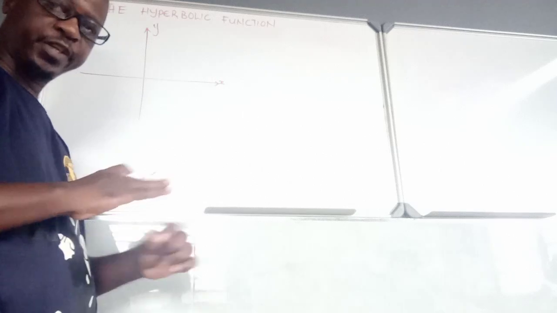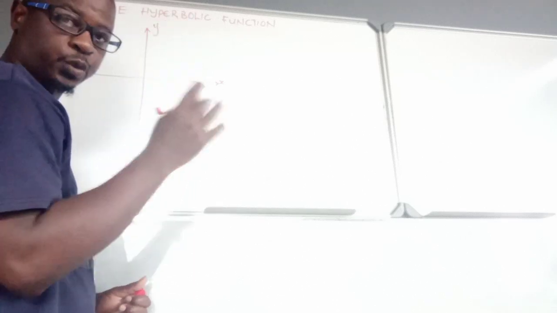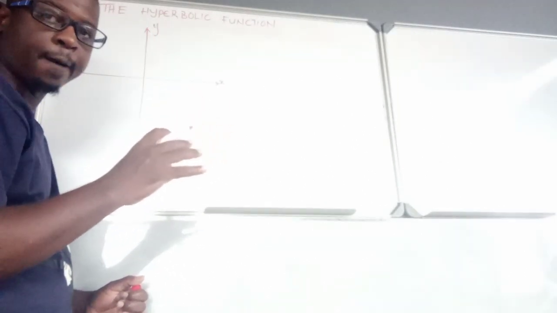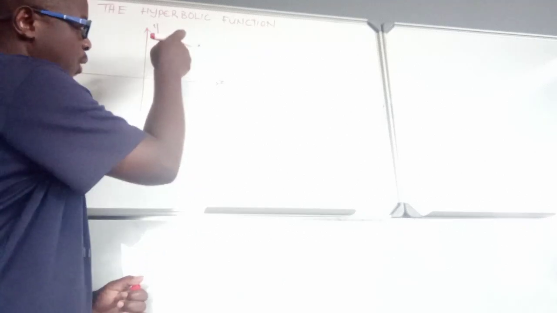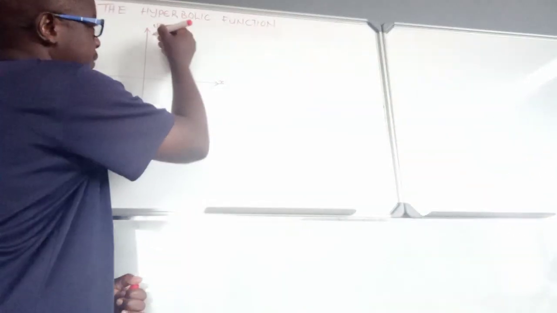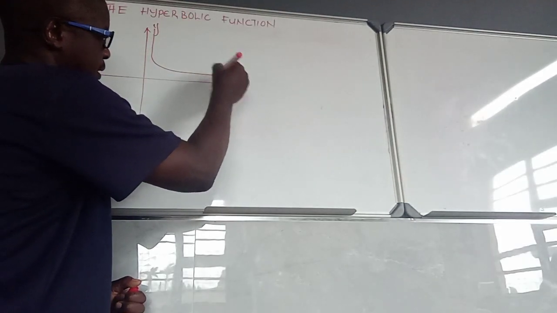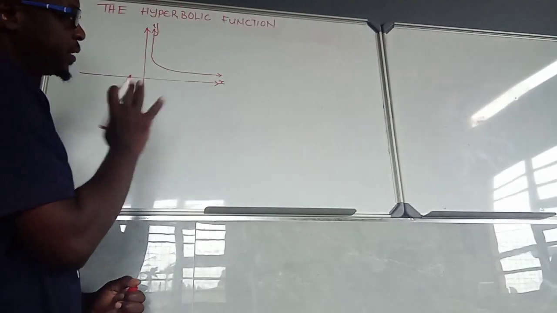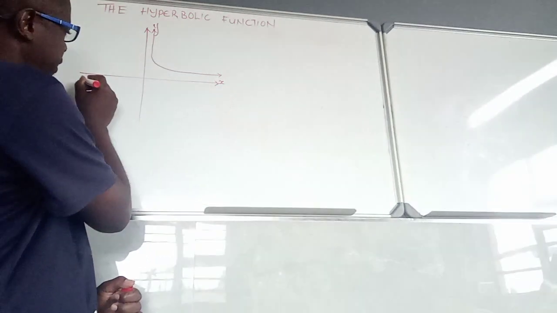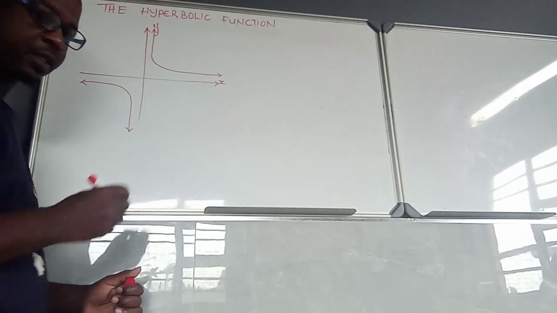The general form of a hyperbola is such that our graph is found in two quadrants. By the way, we have 1, 2, 3, 4 quadrants. So the hyperbola graph is such that it is in the first quadrant and then in the other quadrant.